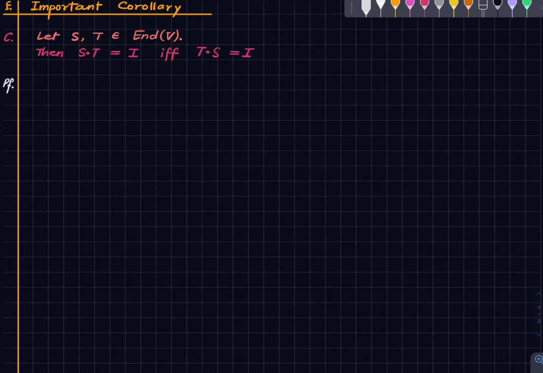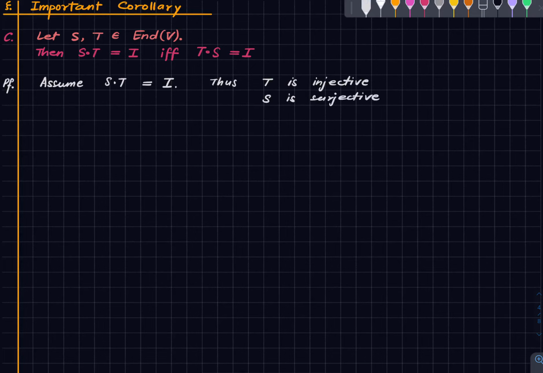All right. So how do we do this? Assume ST is identity, and we want to show that TS is identity. So first of all, note that since this is identity, T is injective and S is surjective.